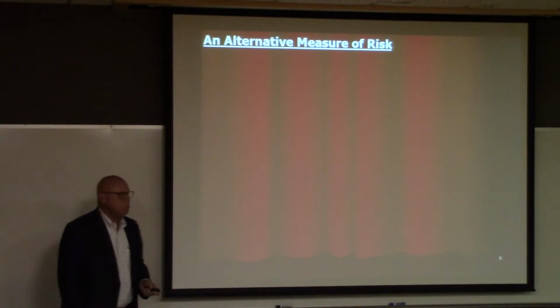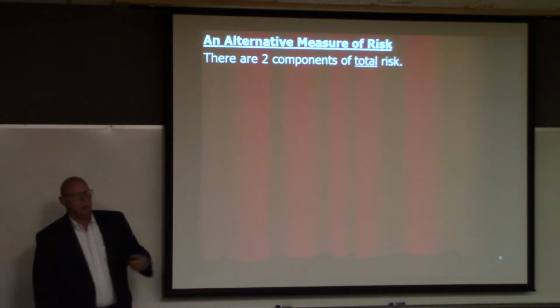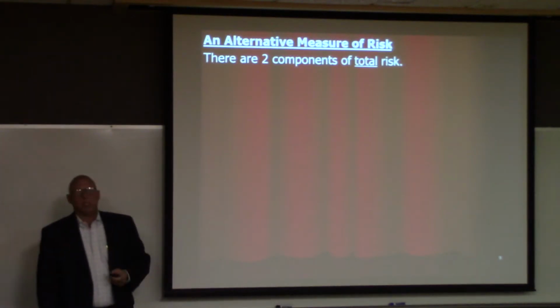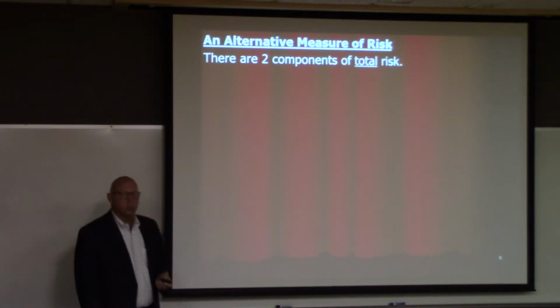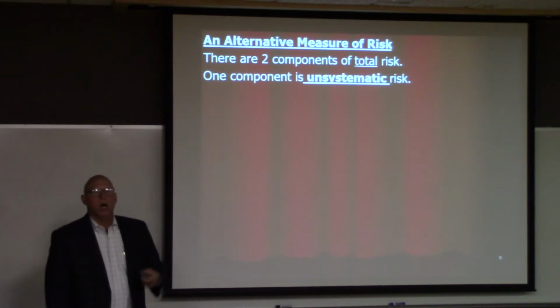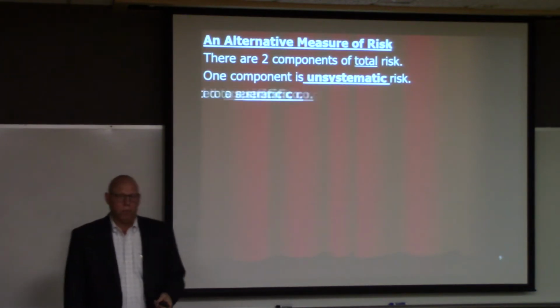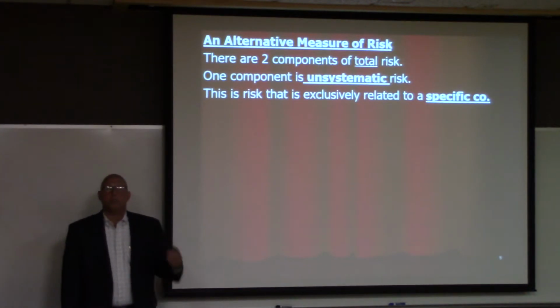Okay? Let's look at an alternative measure of risk, an alternative to standard deviation. That's what we've looked at so far, standard deviation. So there are two components of total risk. One component is what we call unsystematic risk. Okay? This is risk that is exclusively related to a specific company or to one security.